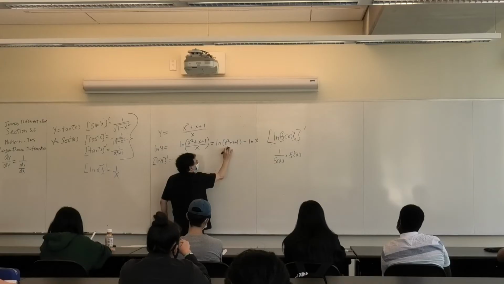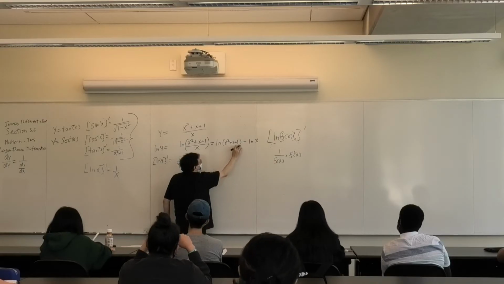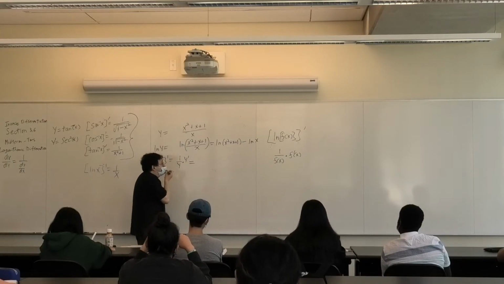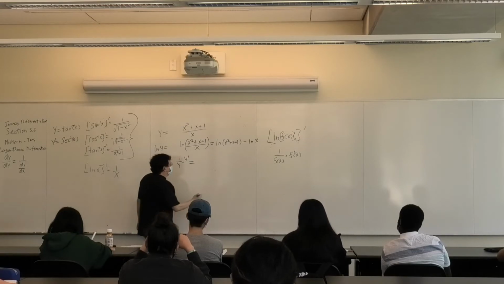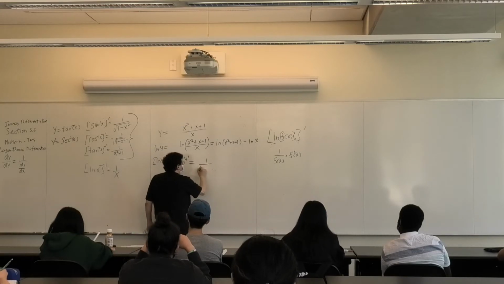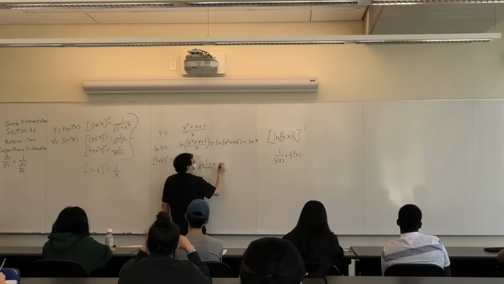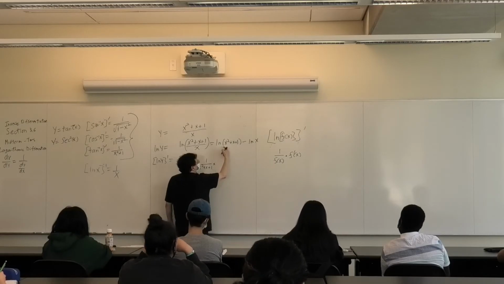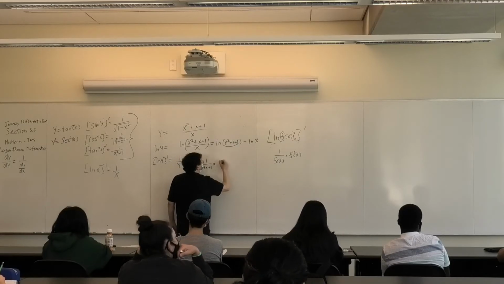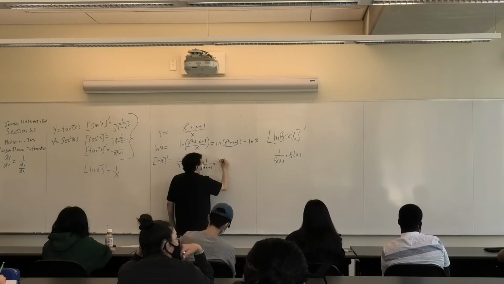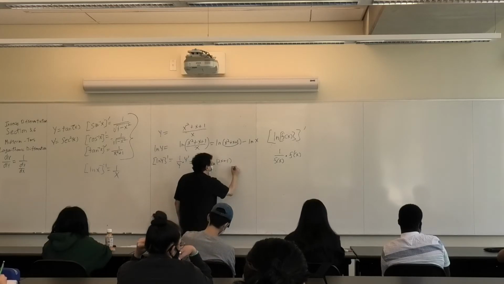Now I want to find the derivative of the log of x squared plus x plus 1. Well, again, it's just going to be 1 over x squared plus x plus 1. And we've got a composition of functions. The chain rule requires I multiply by the derivative of this, which is 2x plus 1.